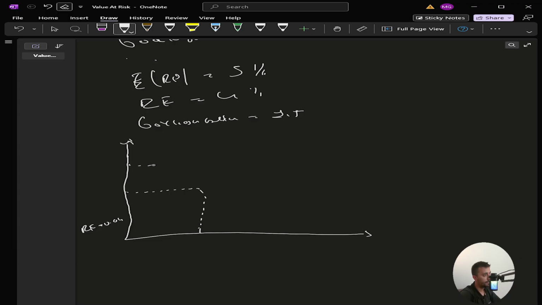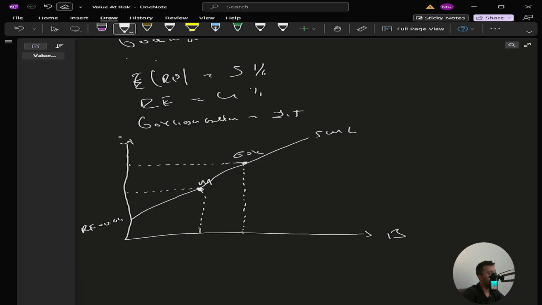This is the market return. This is Gökkaya, and this is our security market line, and this is beta, and this is our expected return.